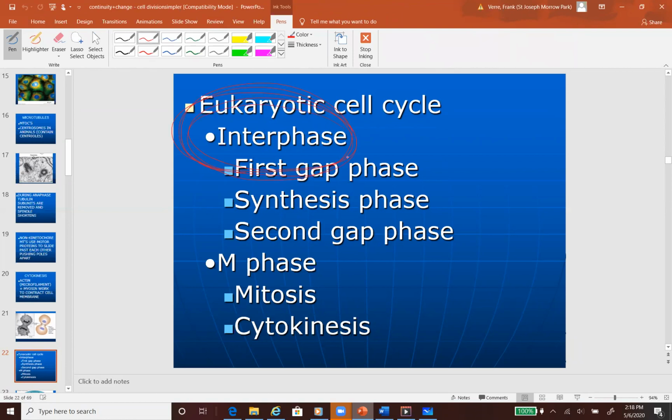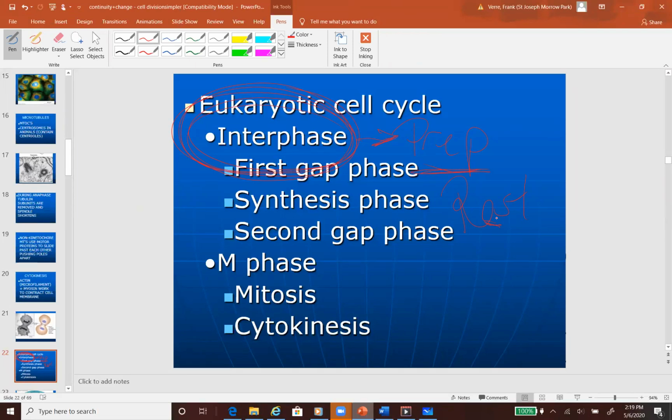You can think of interphase two ways. One is as the prep, when it's going to prepare itself for cell division. You can also consider it the rest stage, because either a cell is going to be dividing or it's not going to divide. So it might be just a rest. Maybe the cell is not dividing at all, and then it's said to be in interphase.